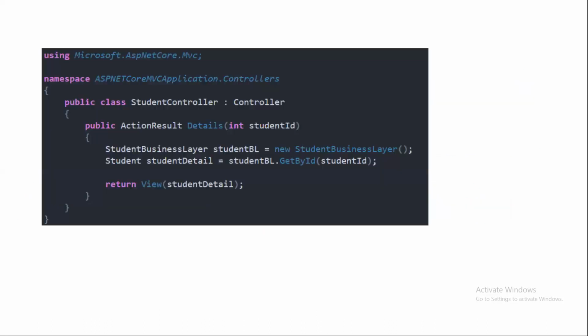So you see, in the previous one, in the model we have the class and we have the methods. And here what I did is I have declared an object, and I am returning that student details to the console.